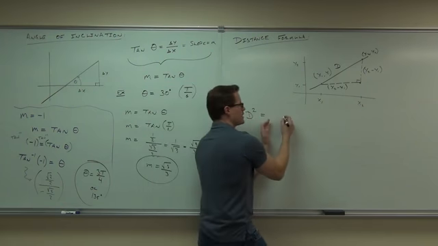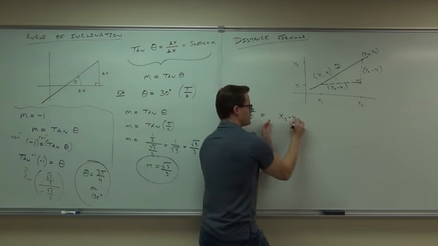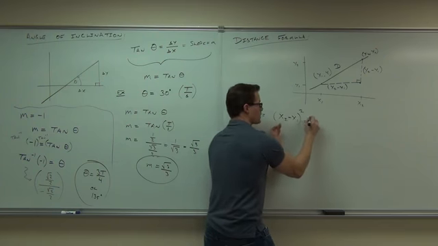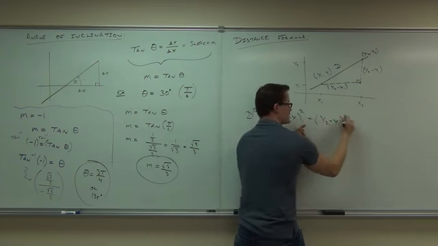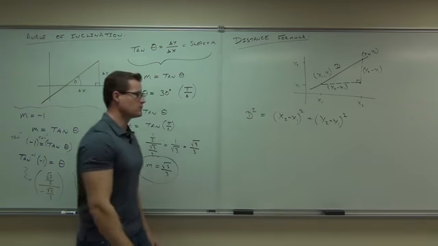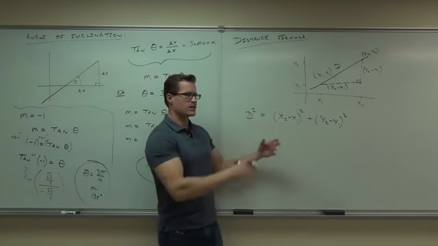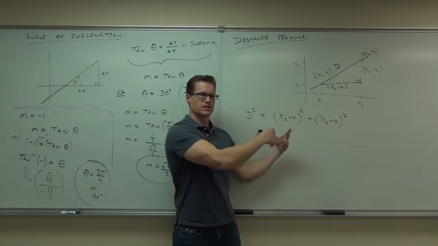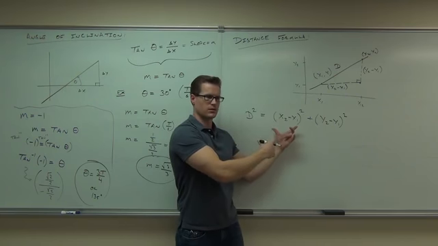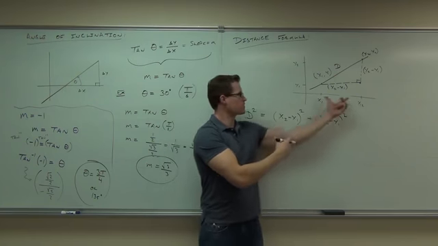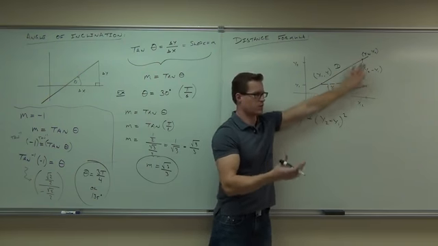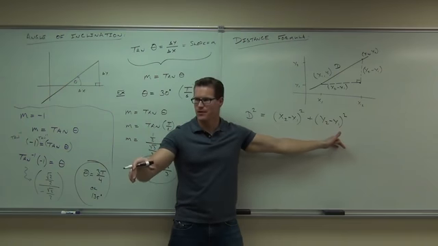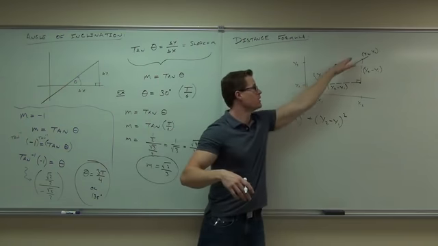Here's my first leg, that's the distance, squared, plus the second leg, that's the distance, squared. Can you guys see the Pythagorean theorem at work here? Do you guys see the leg squared? This is one leg, right? I'm just squaring it. Here's another leg. I'm just squaring it. And that has to be, by Pythagorean theorem, equal to the hypotenuse squared.